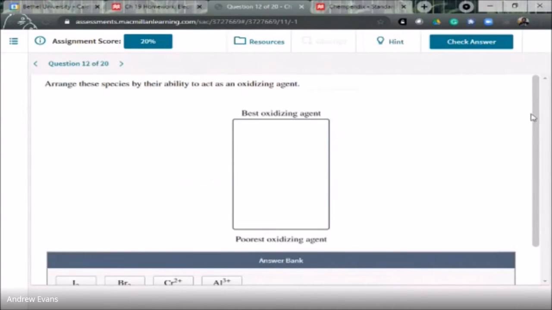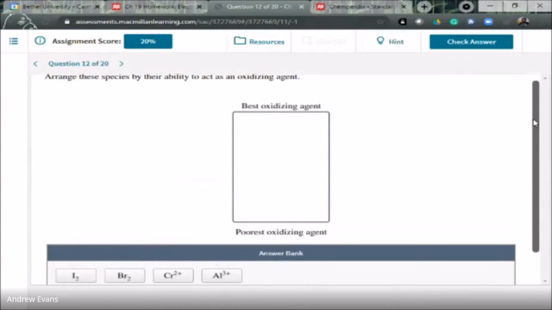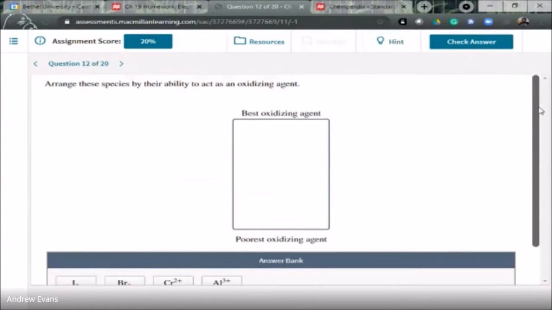Now, however, keep in mind, because of the nature of this, the easier it is to reduce something, the harder it is to oxidize something. Just like a strong base makes a weak conjugate acid, and a strong acid makes a weak conjugate base, a strong oxidizer makes a weak reducer.